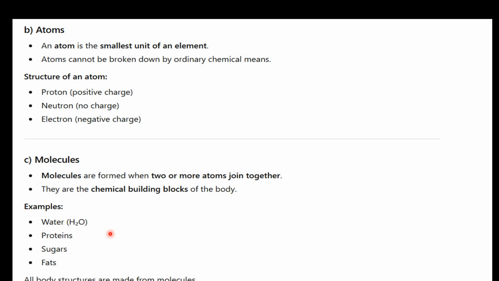For example, water (H2O), proteins, sugars, and fats. All body structures are made from these molecules.